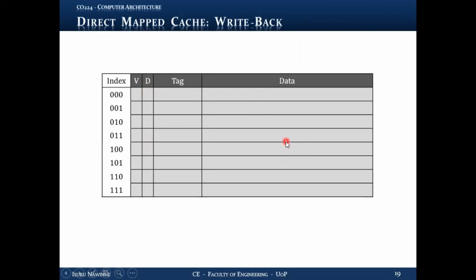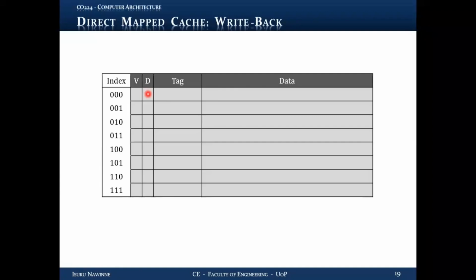So every time you make a write to a block in the cache, that block has to be marked as dirty, meaning inconsistent with the memory. So the most up-to-date copy is in the cache, not in the memory. So that is the idea of the dirty bit. So what happens when the controller ends up with a miss?